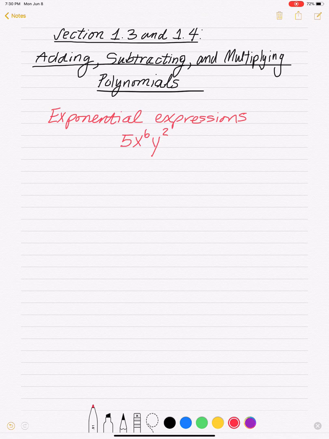So with an exponential expression, you had what's called a coefficient. This number here in front of the variables, that's called the coefficient. And the other guys are called the variables. So you've got two variables here.